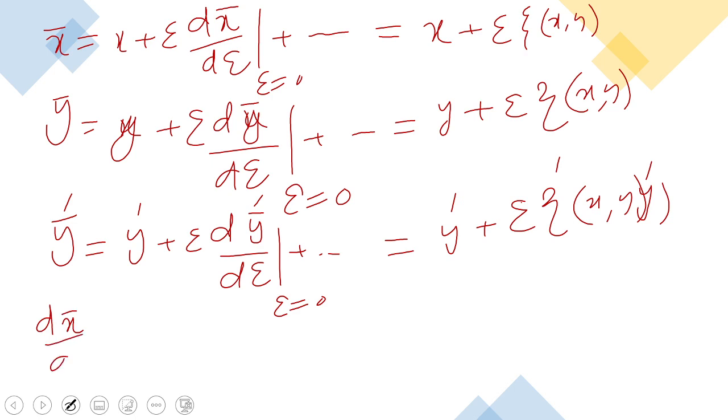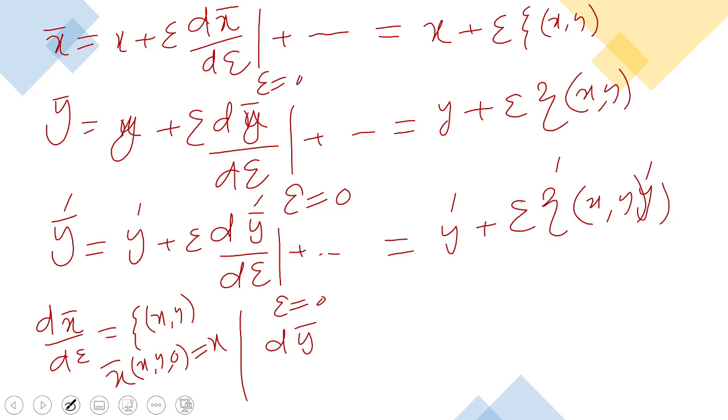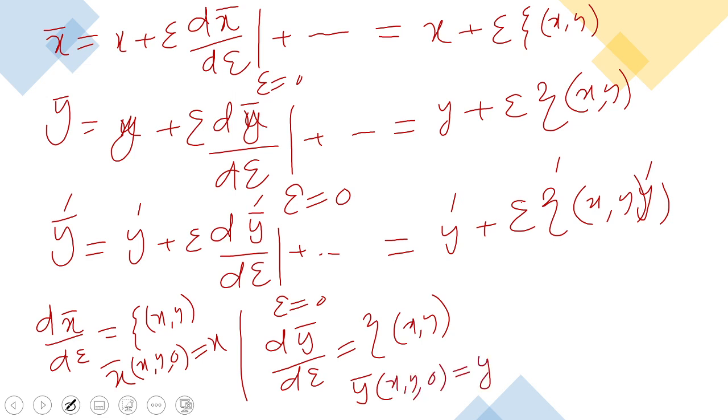dx bar over d epsilon is xi of x y with initial condition x bar at x, y and epsilon 0 to be x. Similarly, dy bar over d epsilon equal to eta of x y. The initial condition is y bar at x, y and epsilon 0 must be y.